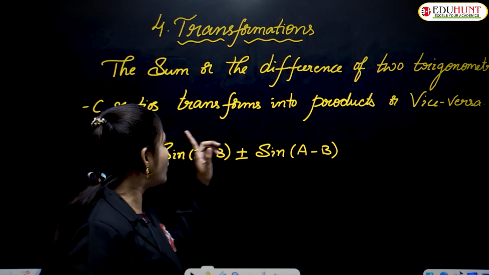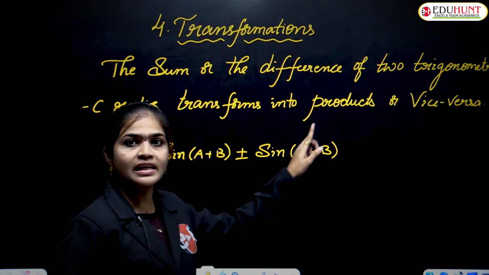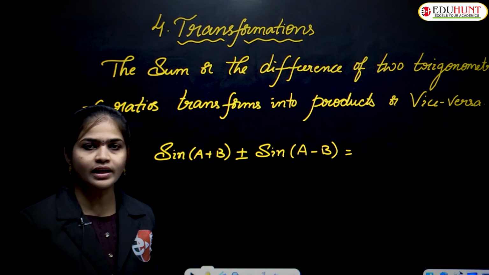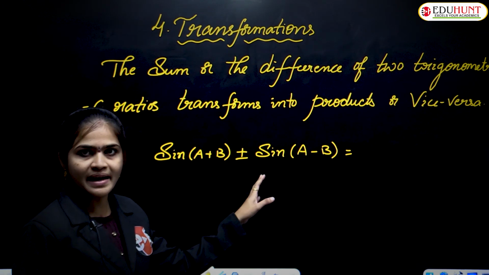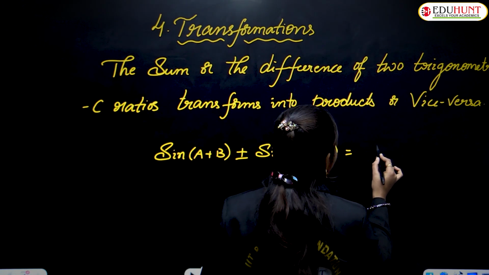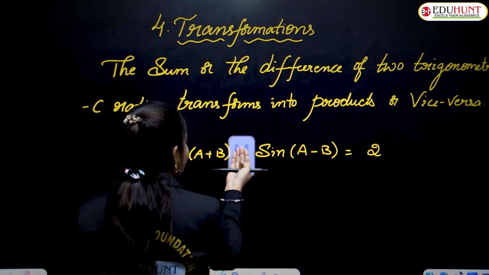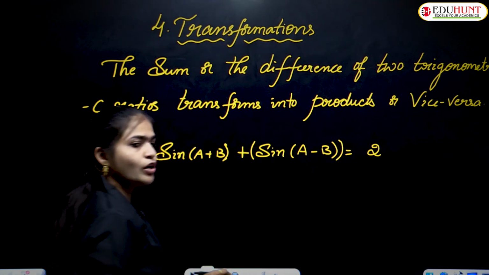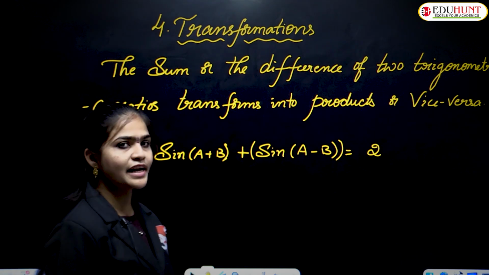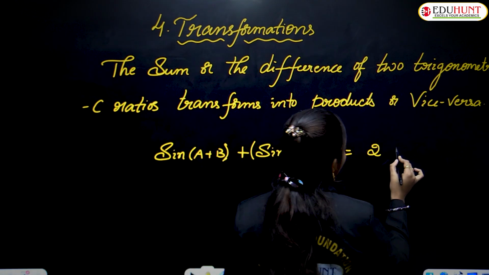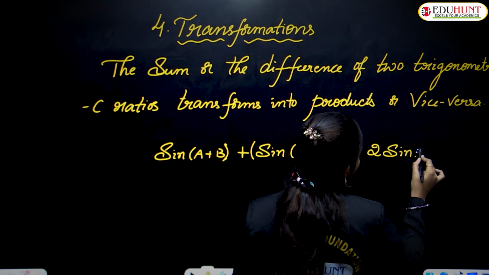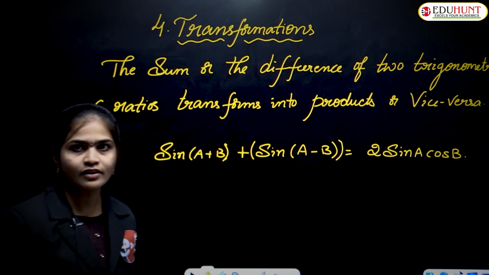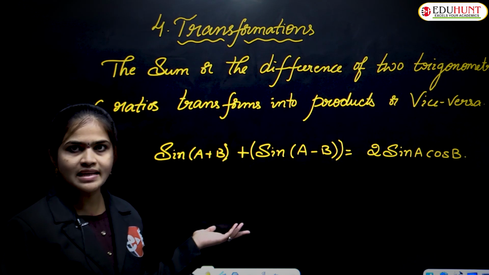Now when you add those two values, the answer will come in terms of a product. Whether it is addition or subtraction, the answer will come in that form. If you take the addition, then what do we get? Sin of a plus b plus sin of a minus b is equal to 2 sin a cos b. Yes or no? Let us see one example here.